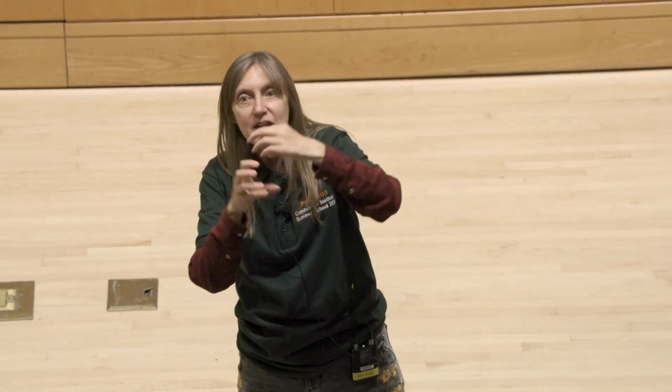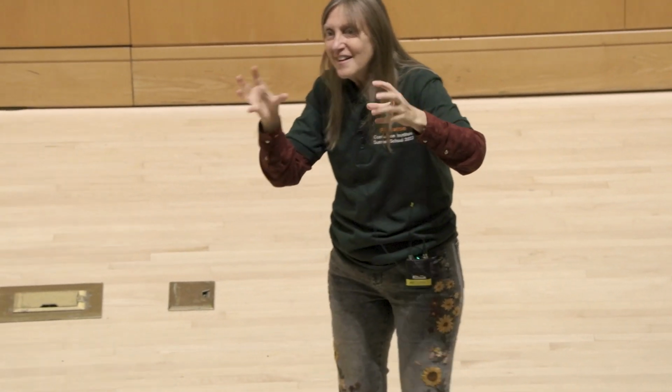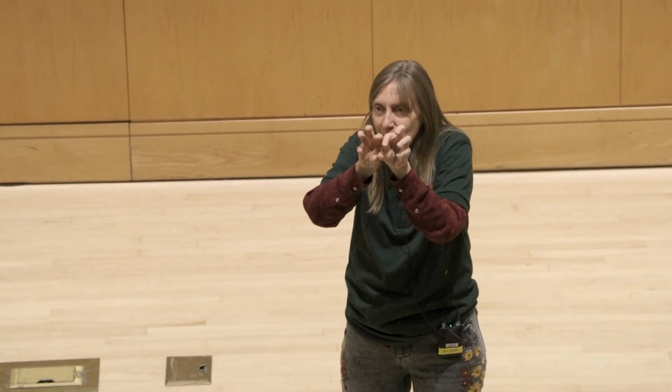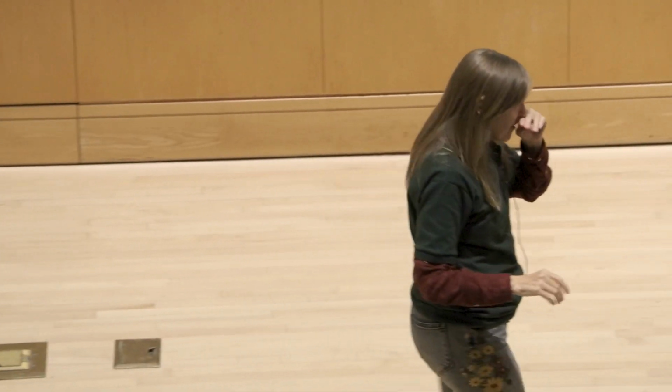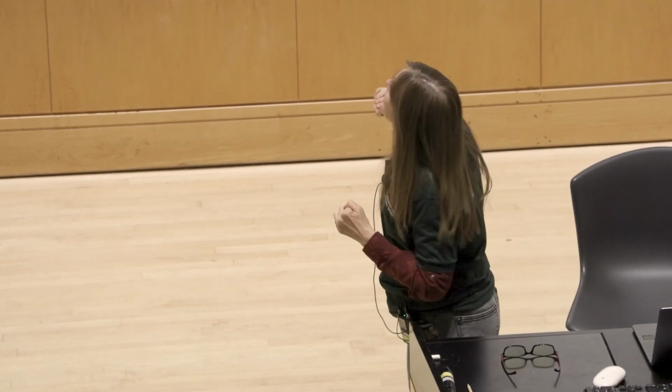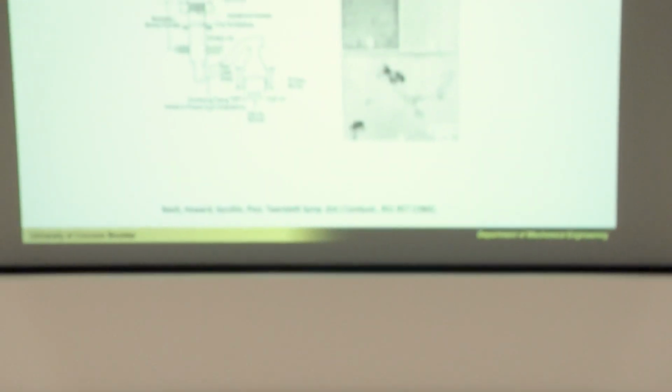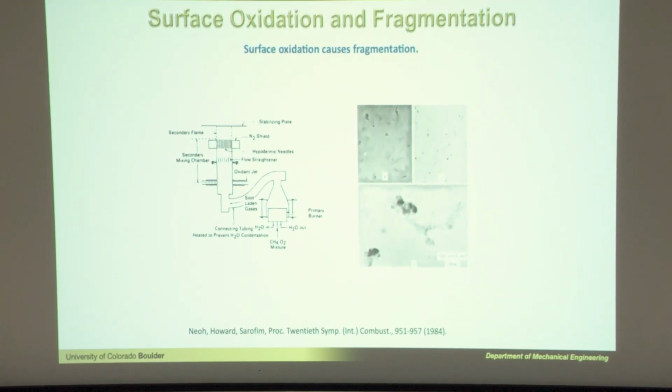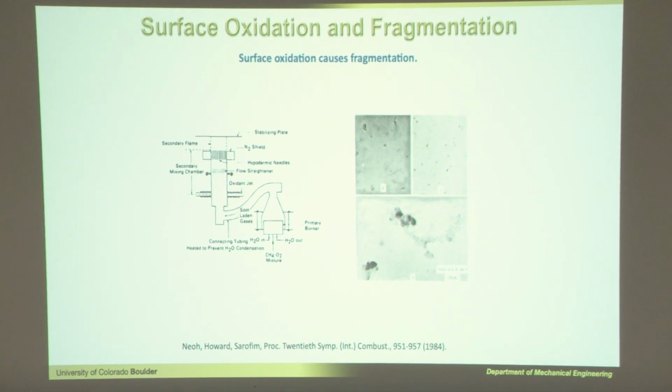If you start to oxidize the outside of the particle, those primary particles may not be so connected once you break away those bridges, those necks, right, in the particle. This is from Seraphim's group from 1984, showing this kind of fuzzy. At the bottom is your aggregate, and at the top is after you've oxidized it.